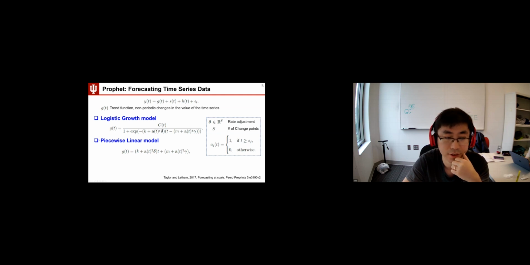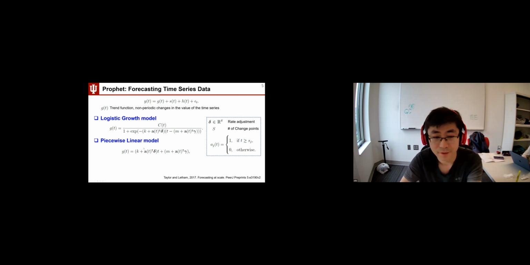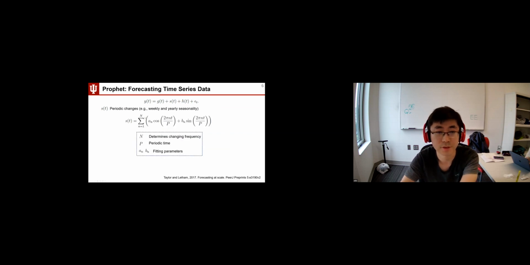Another model to describe the trend function is the piecewise linear model. So this is how Prophet describes the trend.